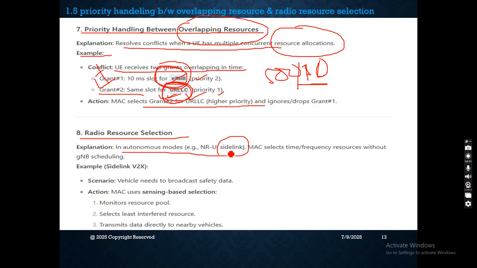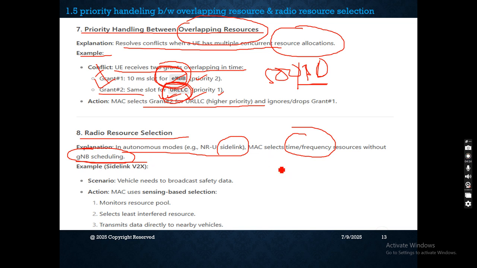Industry is exploding with vehicle-to-anything. In this case, MAC will select the time and frequency domain resource without gNodeB scheduling. Interesting, it is telling that MAC will select the time and frequency domain resource without gNodeB scheduling. Wait for a moment.